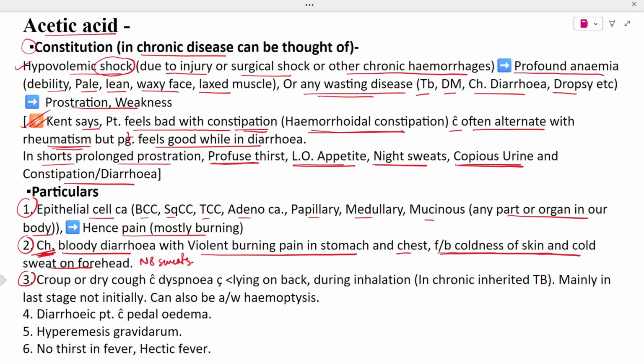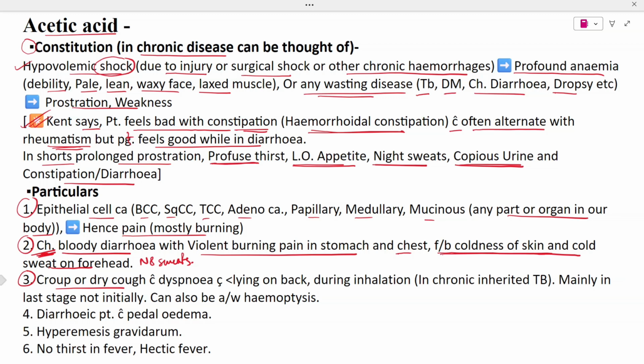Now the third presenting problem may be croup or dry cough. Our Master Hering has described the cough wonderfully in his book, Hering's Guiding Symptoms.